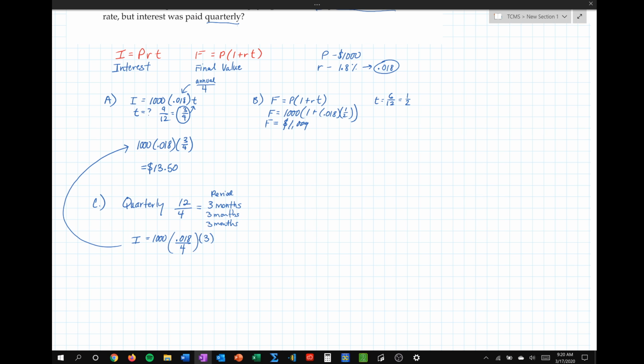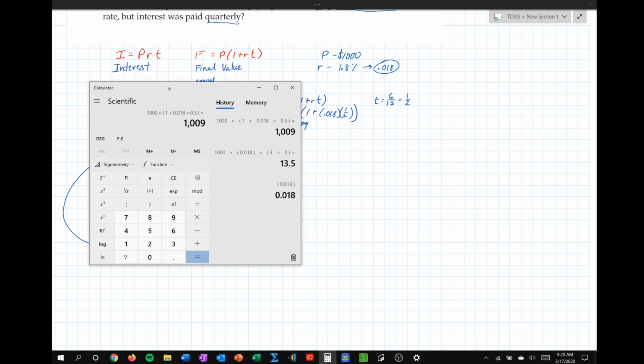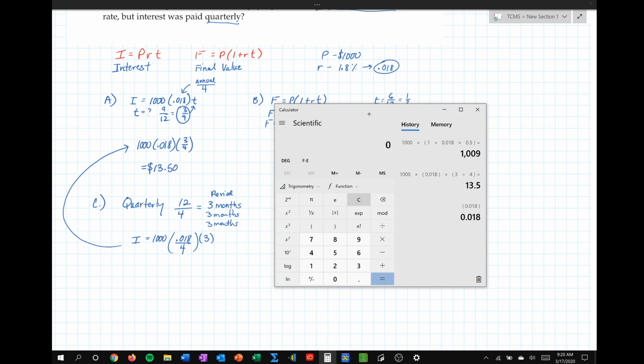So eventually, if we do this calculation, I could start with the 0.018, divide that by 4. So that's my interest for 3 months, right? Not a full year. That's how much interest I'm going to earn just in those 3 months. But then I'm going to have 3 of those 3-month periods, so that's where I multiply by 3.